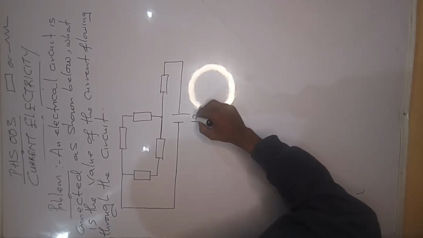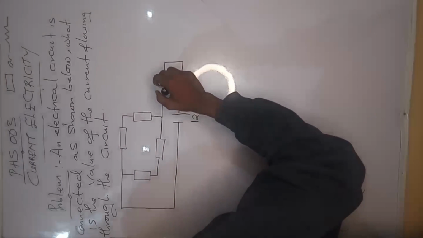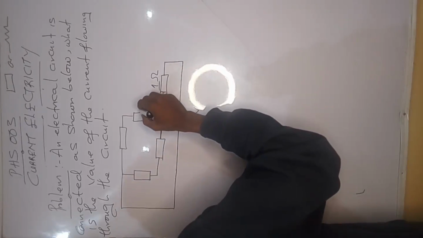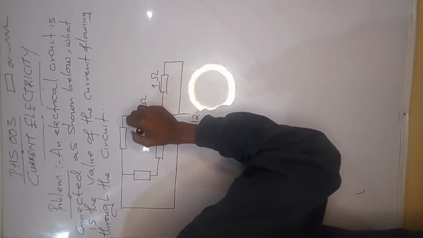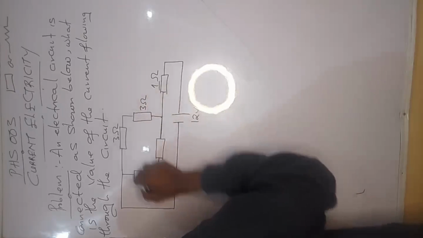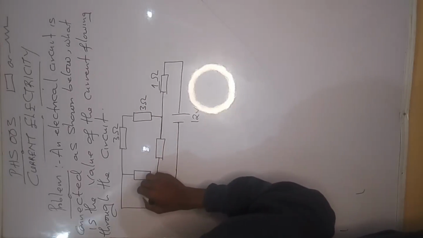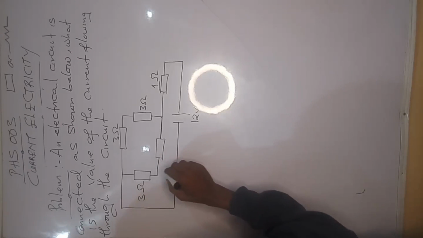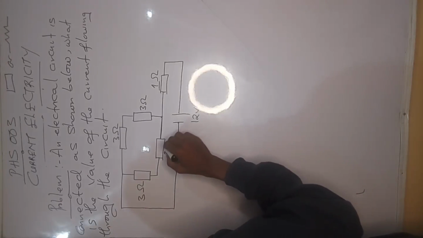Here was given to us as 12 volts, while here was given to us as 1 ohm. This place here was given as 3 ohms. This one here is 3 ohms. This one here is 3 ohms. And this one here is 3 ohms.